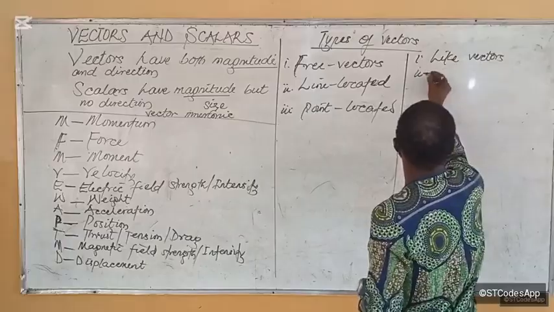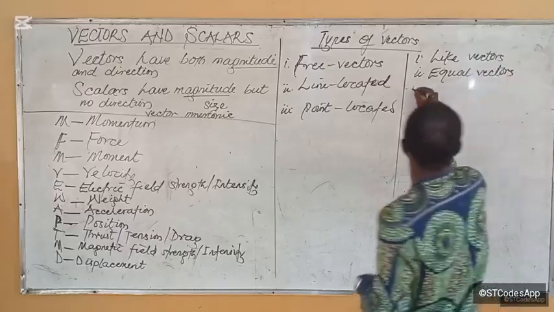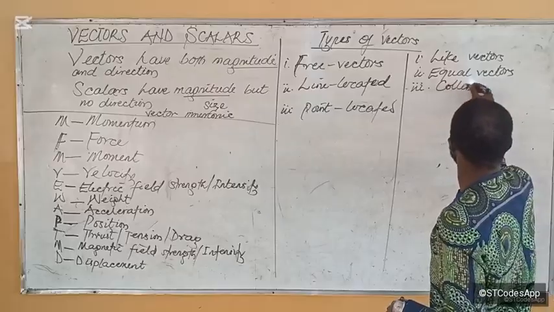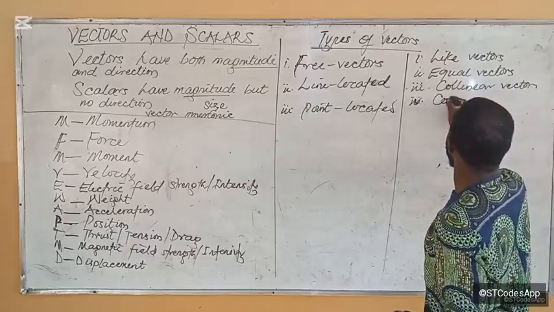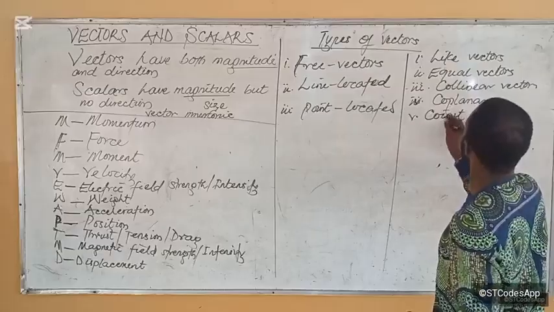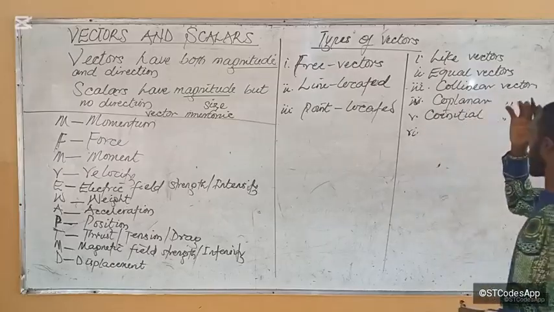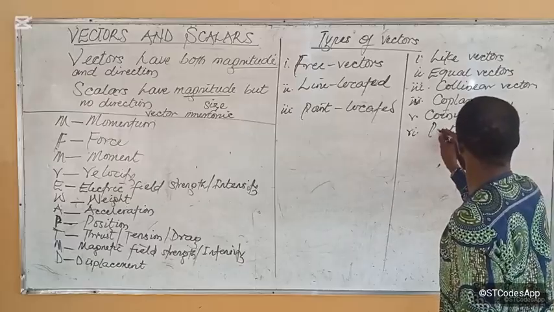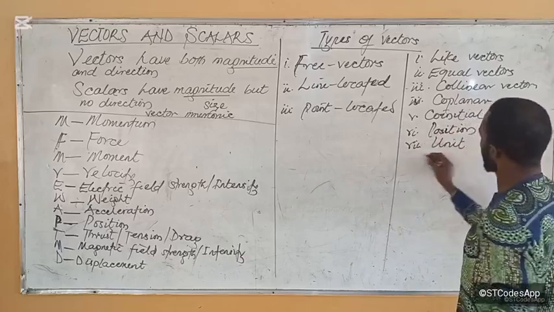We have like vectors, equal vectors, collinear vectors, coplanar vectors, co-initial vectors, position vectors, and unit vectors.